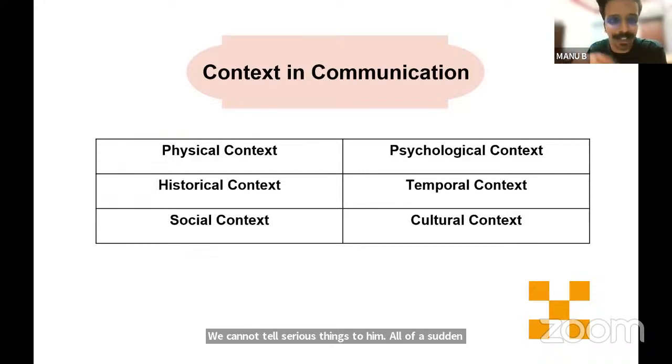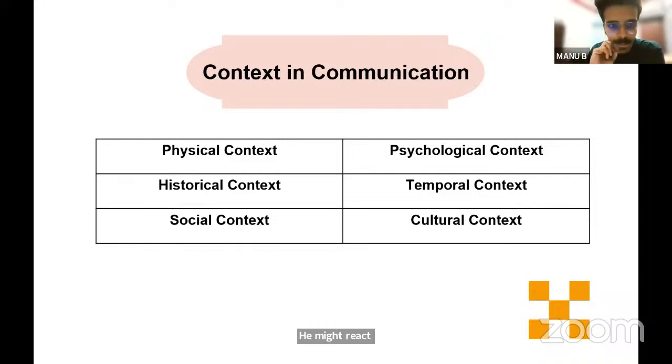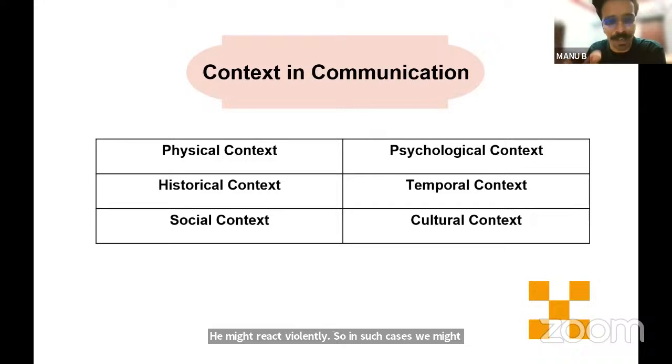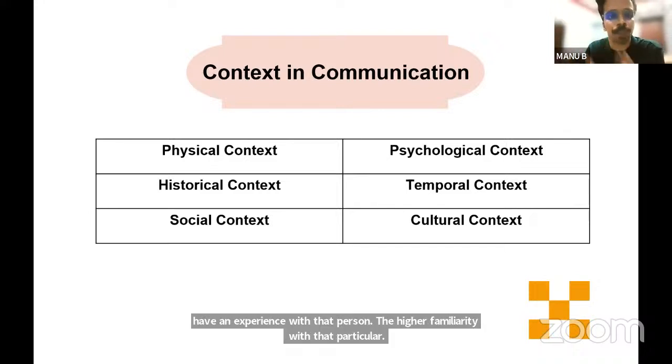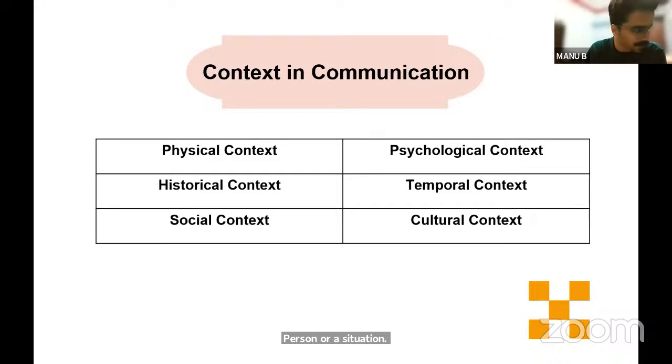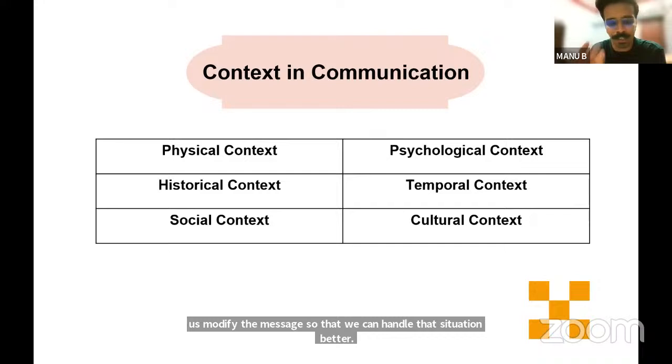He might react violently. So in such cases, we might modify our piece of information. This is what we call historical context. We already have an experience with that person. The prior familiarity with that particular person or situation helps us modify the message so that we can handle that situation better.